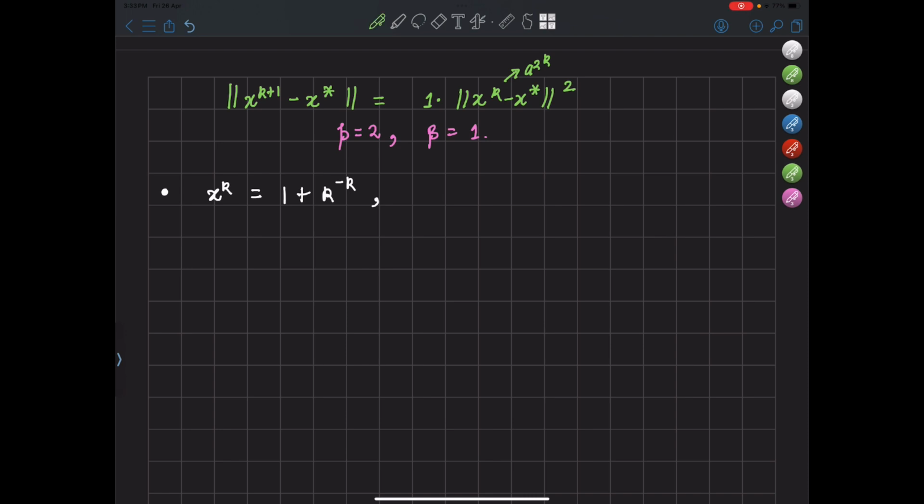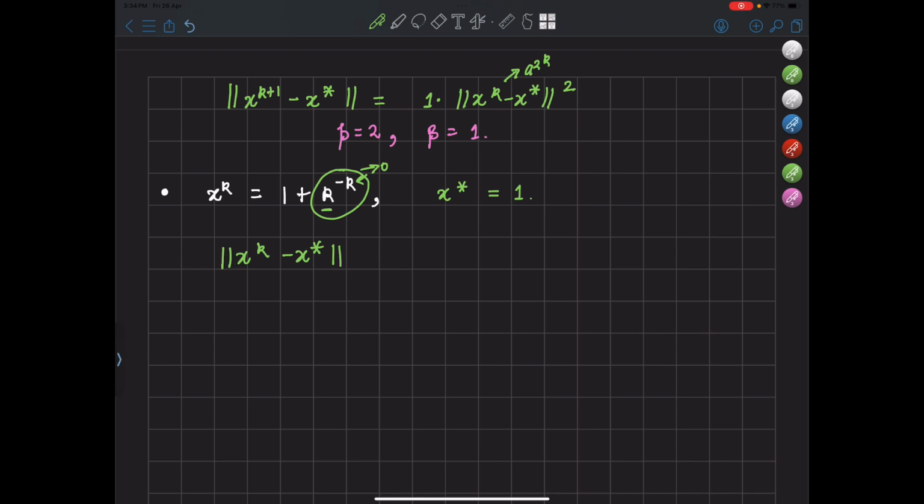What is xk minus x star? Here, what is x star? What will the sequence converge to? As you can see, k to the power minus k, where k goes to infinity, this whole term goes to 0, which means x star is 1.